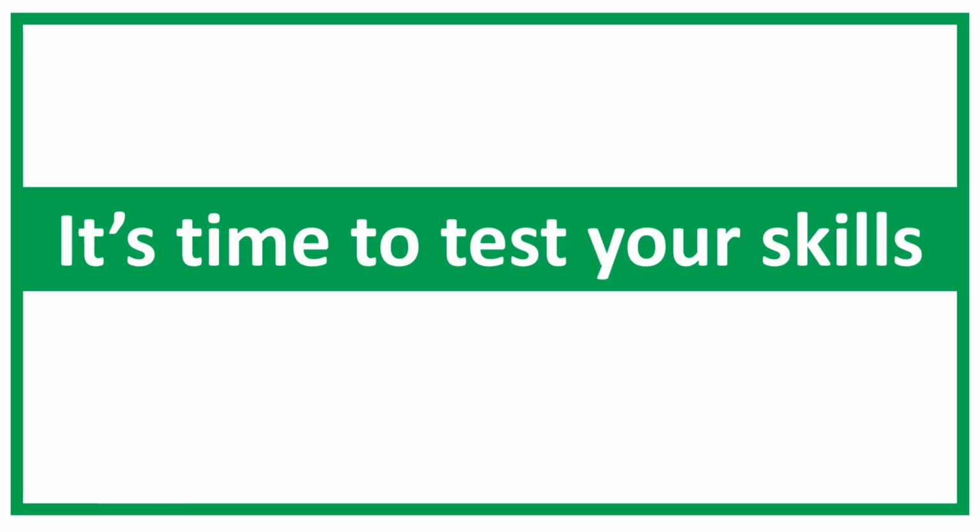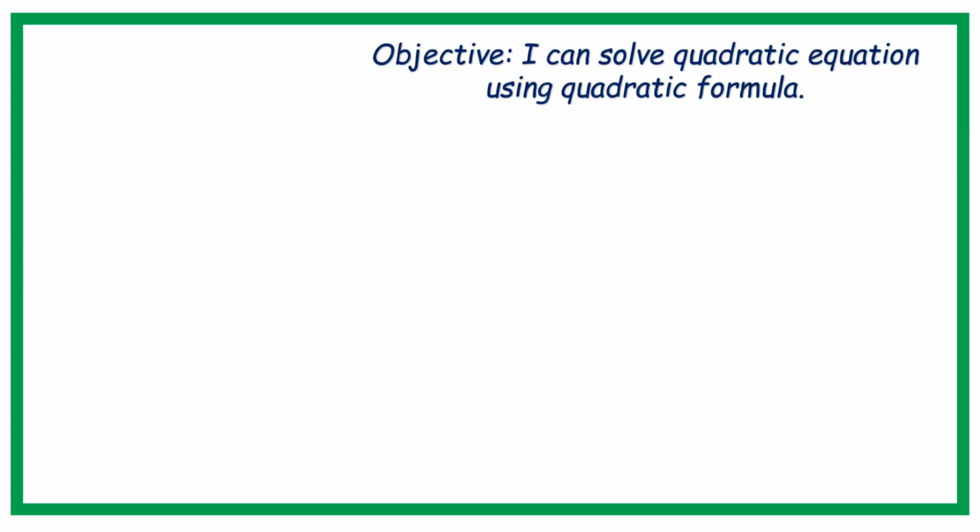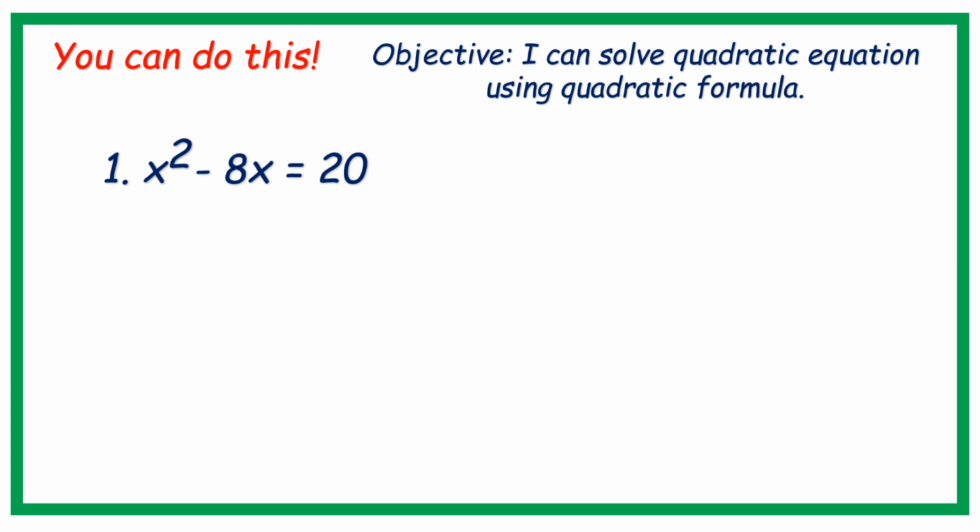Congratulations! Now it's time to test your skills. You may bring out paper and pencil. Our objective, solve quadratic equation using completing the square. You can do this. Copy the following.